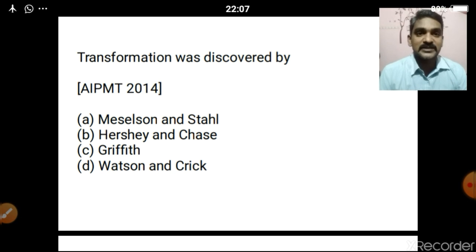Whereas Hershey and Chase, with the help of bacteriophage, gave the proof that DNA is a genetic material. And Watson and Crick gave the double helical structure of the DNA. So Griffith only, with the help of Streptococcus pneumoniae, gave the transformation principle. So answer will be Frederick Griffith.